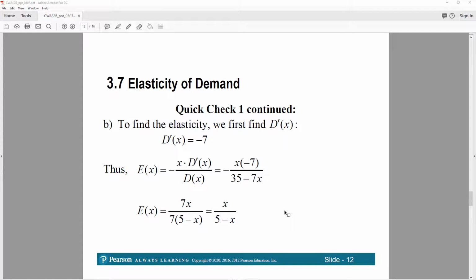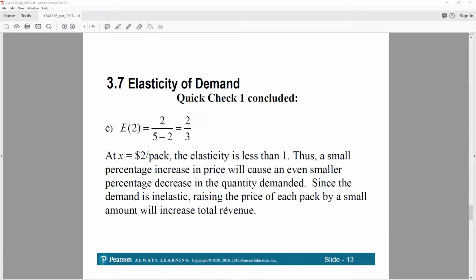Find the elasticity. First, you find the derivative. In this case, the first derivative is -7. So the elasticity of demand function is there. You simplify, and that's your elasticity of demand. In this case here, the elasticity is less than 1.